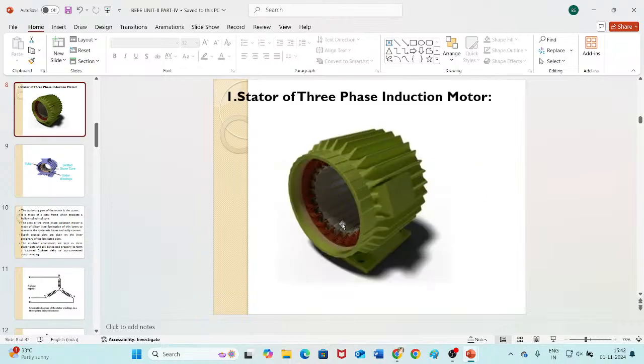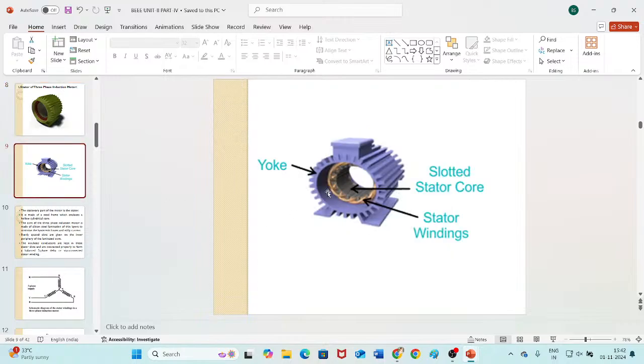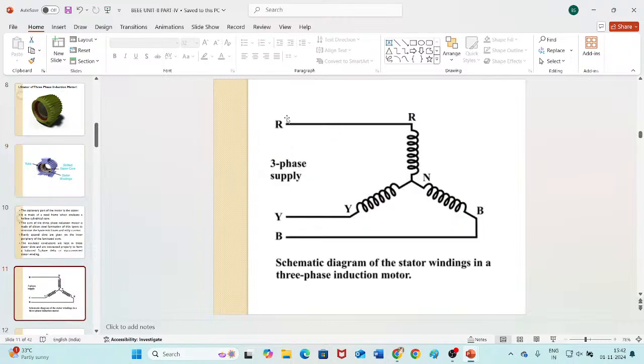There are slots inside in which windings are provided, and these windings may be star connected or delta connected. The supply given to these stator windings is a three-phase supply: R, Y, B.